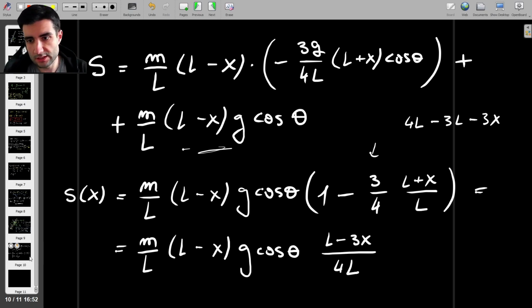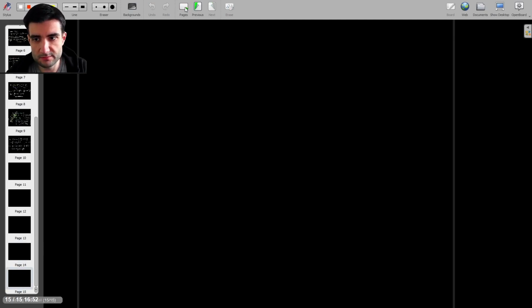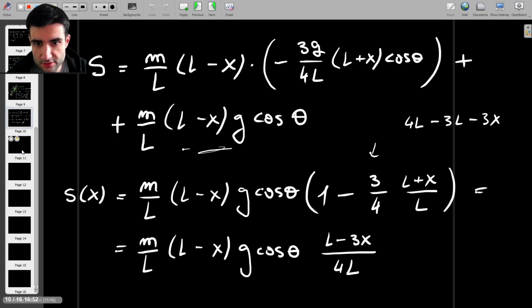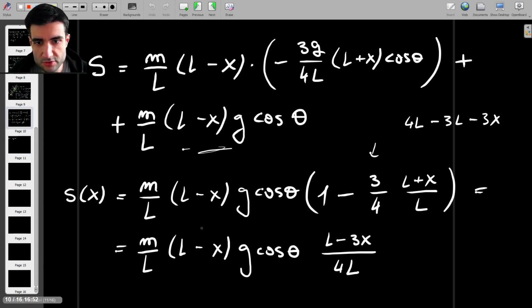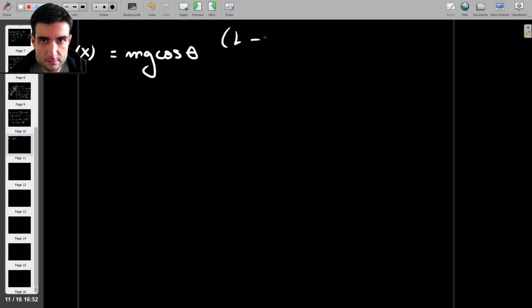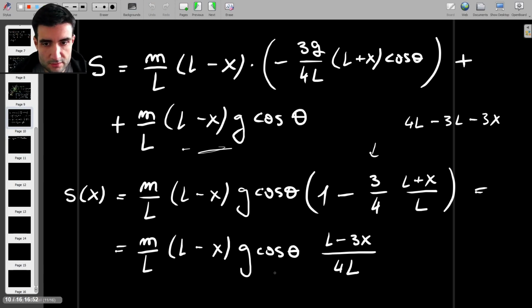Or let's actually put all the variables together so it looks a bit better. So S as a function of X is therefore equal to, so I'm going to combine the mg and cosine theta first. So we have mg cosine theta, and then we have L minus X times L minus 3X over 4L squared.